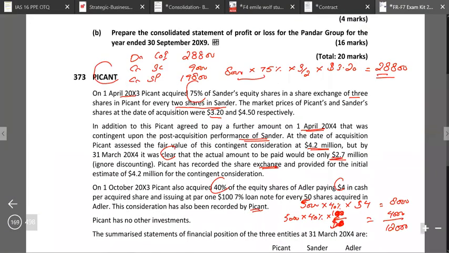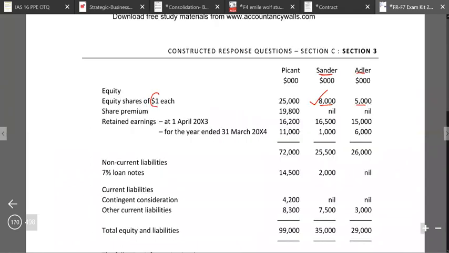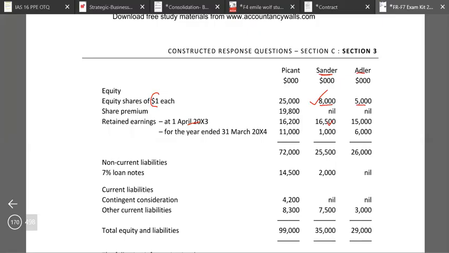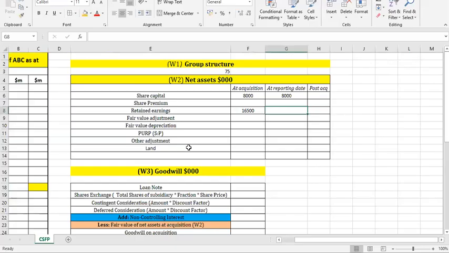The date of acquisition was 1st April 2003, and we have been given retained earnings at 1st April 2003. It's 16,500, so we take 16,500. Then we have the profit for the year. If we club these two things, it will give the retained earnings at reporting date, so that will be 17,500.